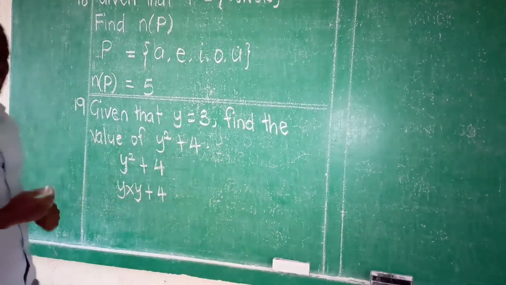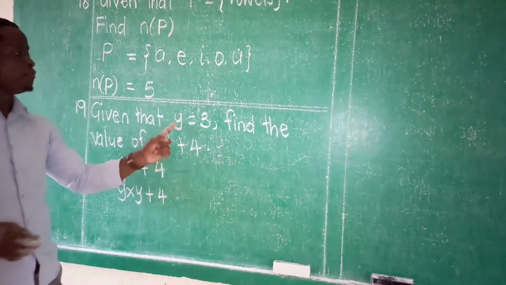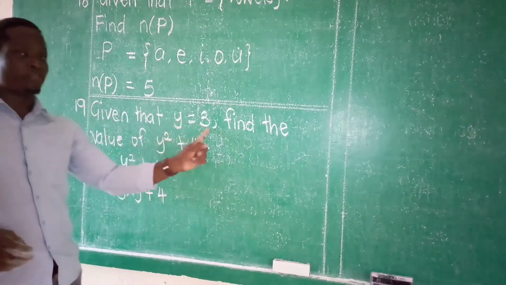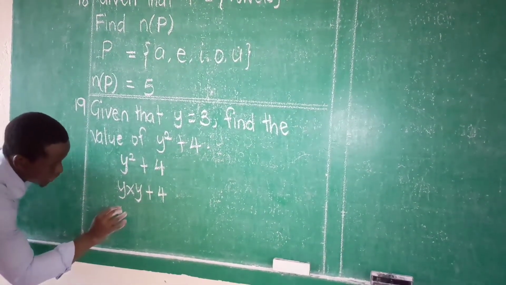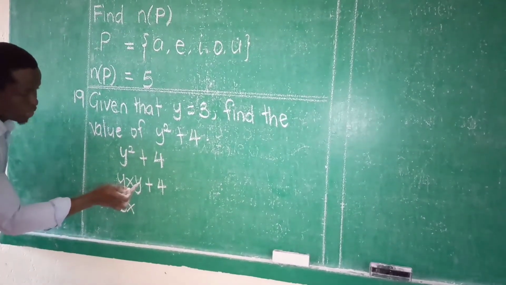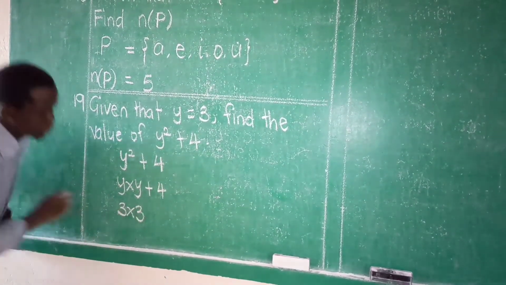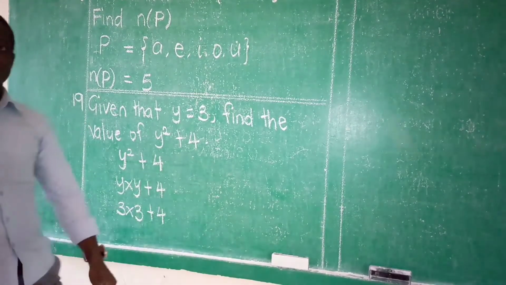Let's now substitute together. The value of y is 3. So, wherever we have y, we shall remove it and write there 3. We remove this y and replace it with 3 times. We also remove this y and put its value, which is 3. Then plus 4. You remember what it means?